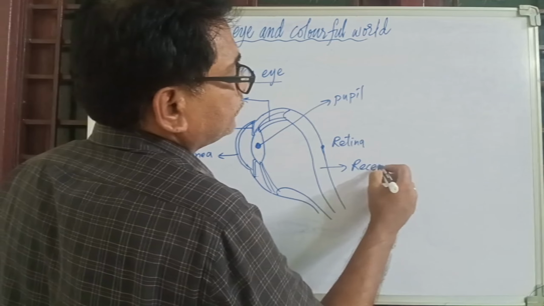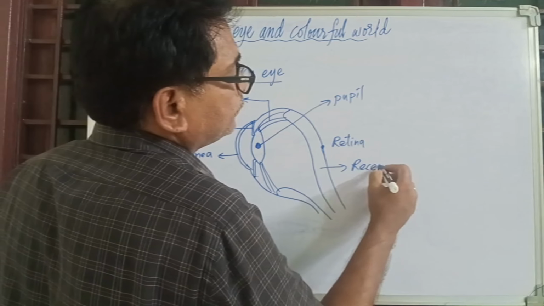Rods identify the intensity of light, and cones identify the color, so you can remember C for color. Rods identify how much light is entering your eye. If it is more, they send the information to the iris, and the iris decreases the size of the pupil, and so on.